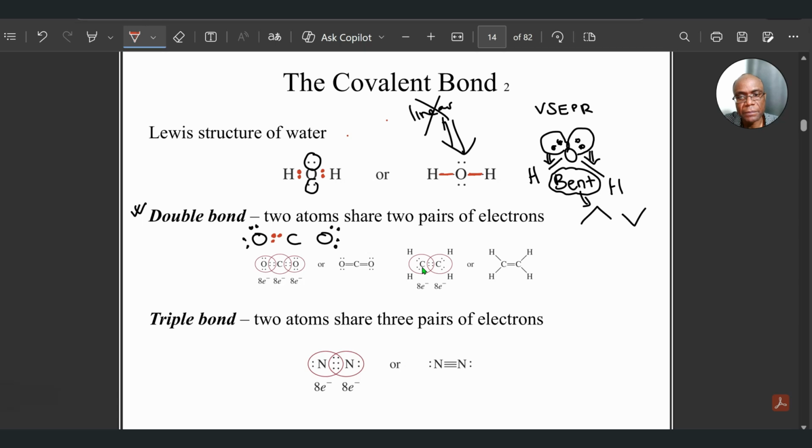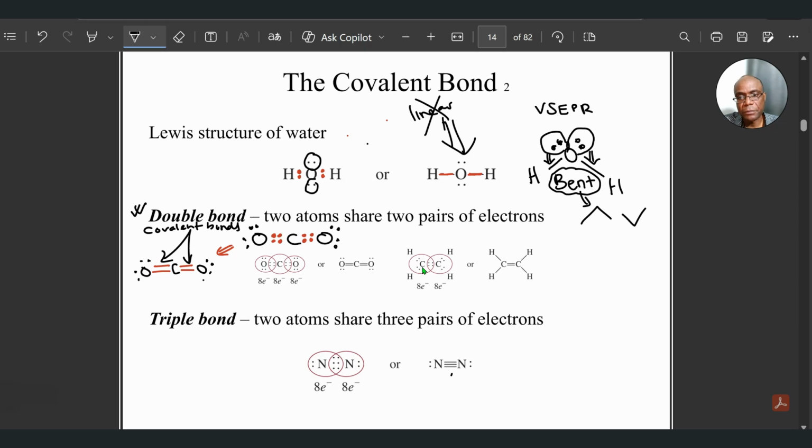That means you expect 4 bonding electrons on the left side of the carbon and 4 on the right side, and that will translate to a double bond on each side of the carbon, like that. So you have the lone pairs that did not take part in bonding. These double bonds right here are also covalent bonds because they are made by sharing.